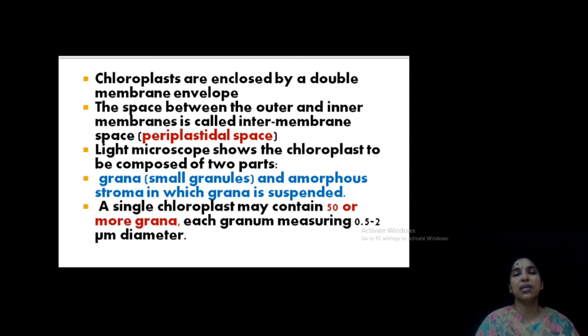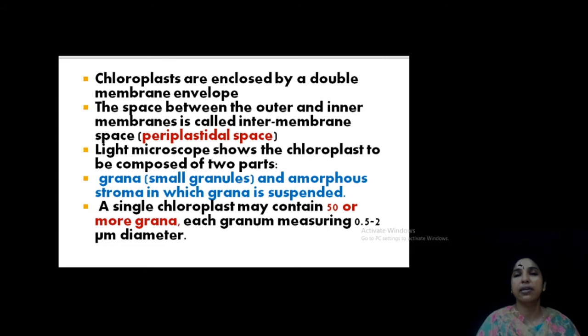In this structure, you can see membranes, the outer membrane and inner membrane, known as the double membrane envelope. In between the membranes, there is a space known as the periplastidal space. A light microscopic view shows the chloroplast has two parts.